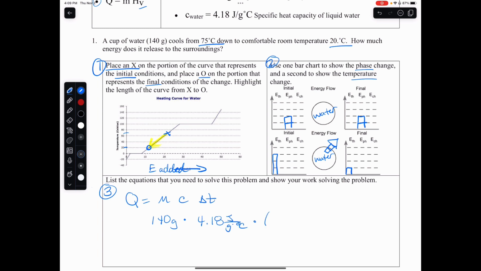And the change in temperature. So let me see. It's 20 is the final, and 75 is the original. So we typically do the final minus the original. Now let's plug that in.